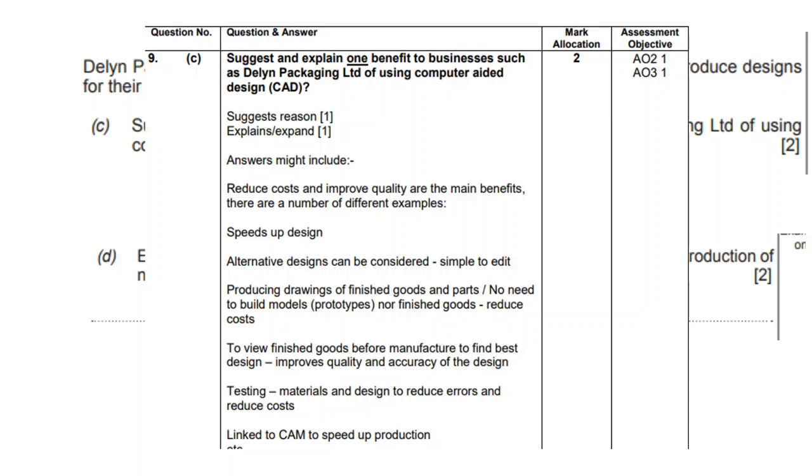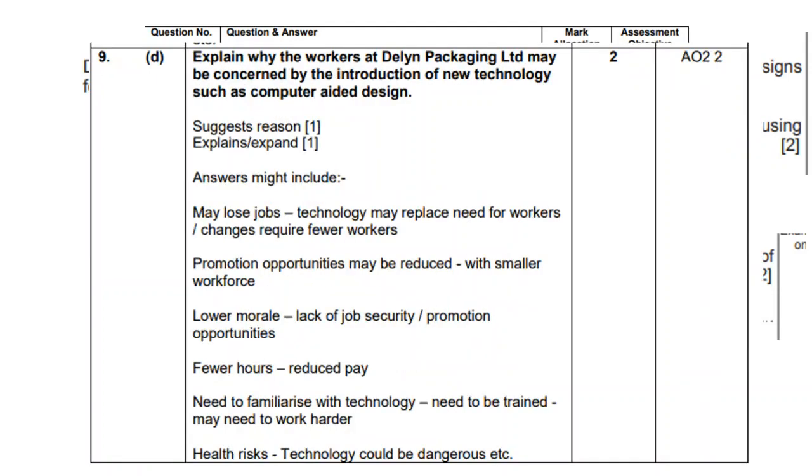It might be simpler to edit. Producing drawings of finished goods, no need to build models, which means it's going to reduce costs. To view the finished goods before they're manufactured to find the best design, therefore improving quality and accuracy of the design. It could be testing of materials and design to reduce errors and reduce costs. Anything along those lines would be accepted.